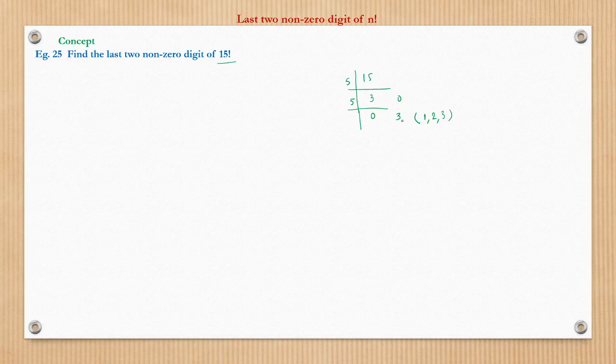3 remainders means, on the digits below 3 from 0, so 1, 2, 3 would be here.